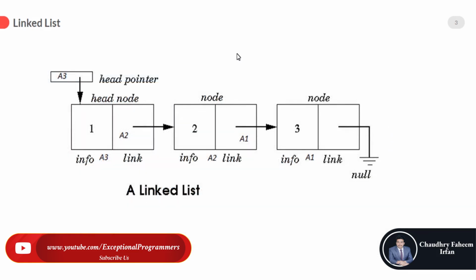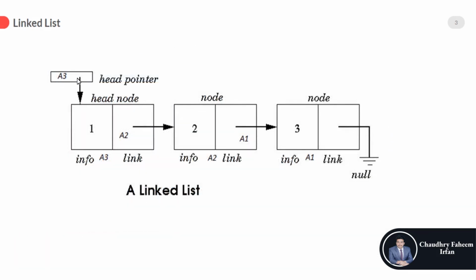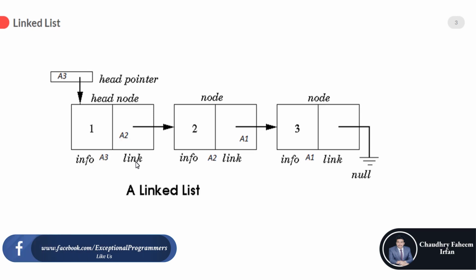Here is the pictorial. This is the head pointer which stores the address of the head node, which is here. The head node is the first node in the linked list. So the combination of data and link is called a node.